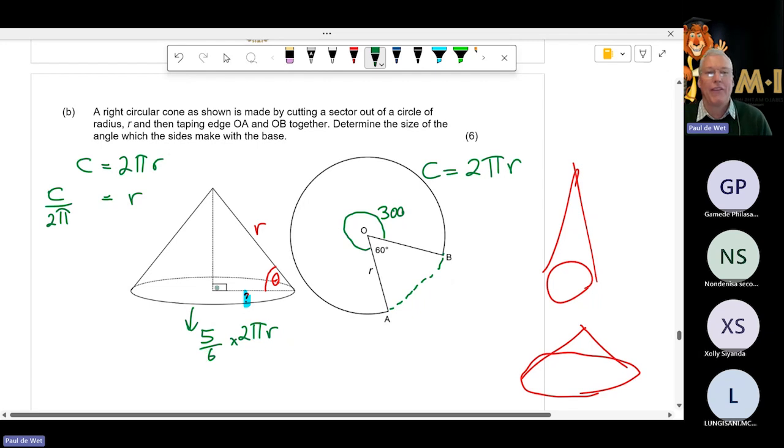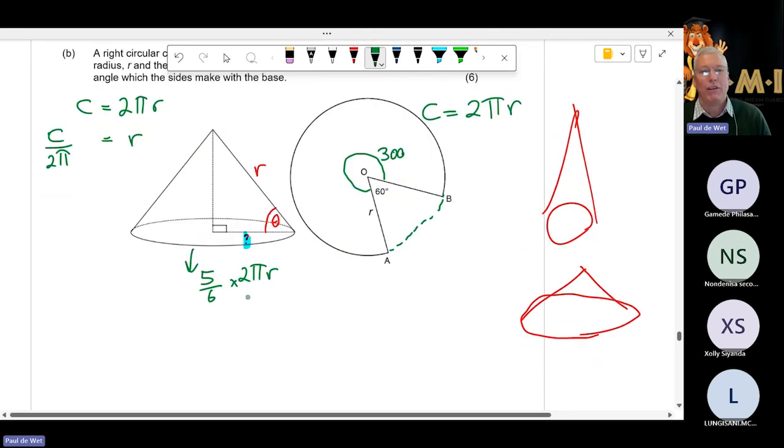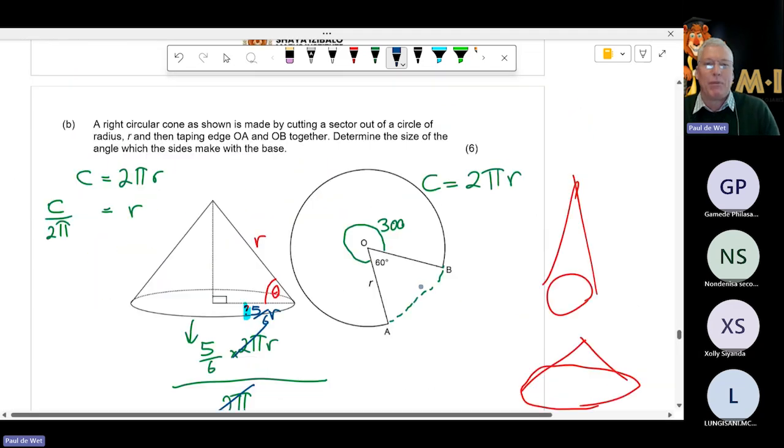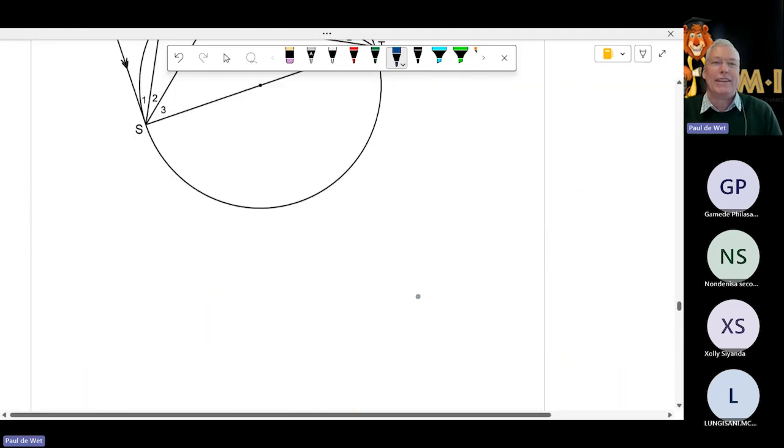That enables us to work out the radius of the base, and this length here is going to be 5/6 of r. It doesn't matter that you don't know r, because when you divide, you get a number which you can then use with arc cos. Let's leave that. I probably shouldn't have included that question because it's unlikely to come up.